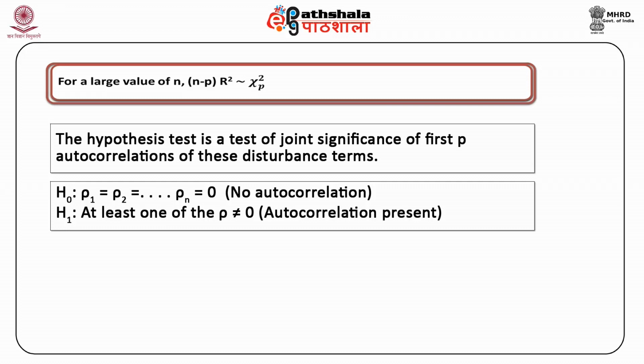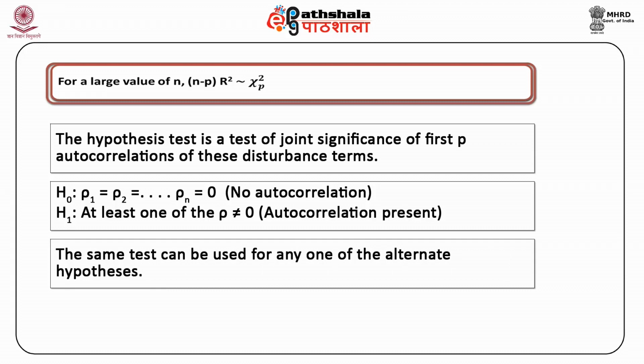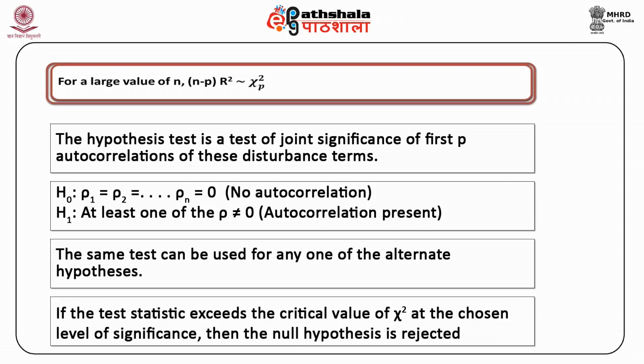The alternative hypothesis H1 is that at least one of the rho is not equal to 0, which means autocorrelation is present. The same test can be used for any one of the alternative hypotheses. The seventh or the last step is, if the test statistic exceeds the critical value of chi-square at the chosen level of significance, then the null hypothesis is rejected.